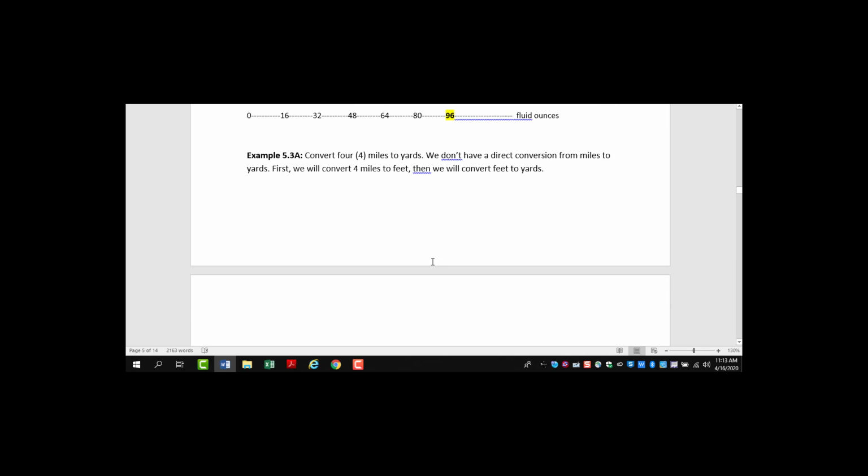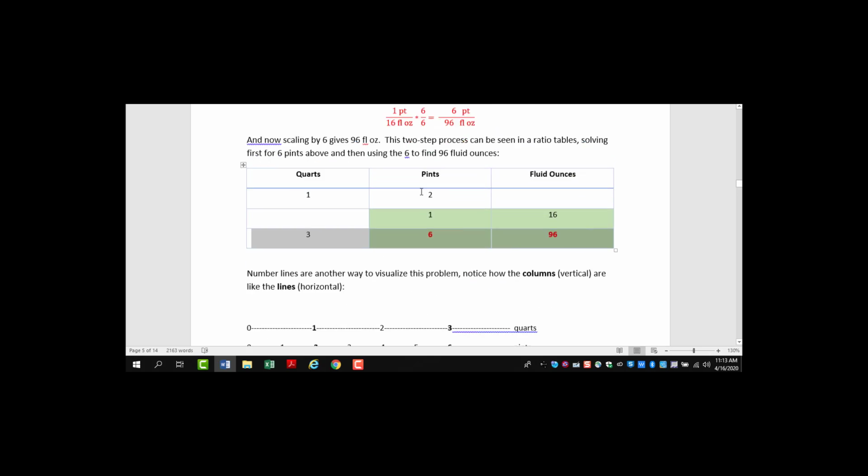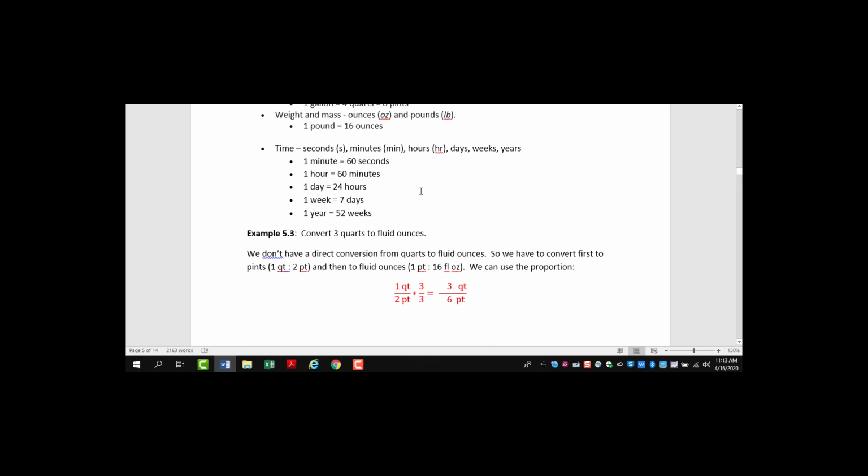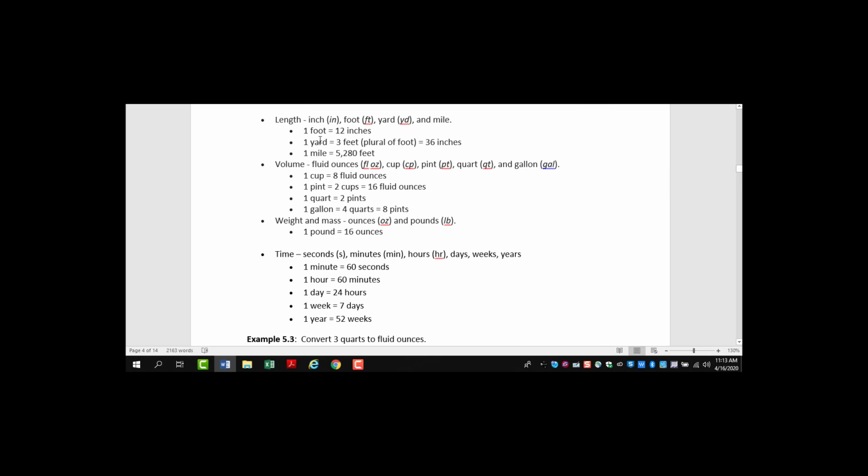So this is the one we're going to do. We're going to convert 4 miles to yards. We don't have a direct conversion from miles to yards. So first we can convert miles to feet, and then feet to yards. Let's go back up here. These are the conversions that we have. And it's going to be length.